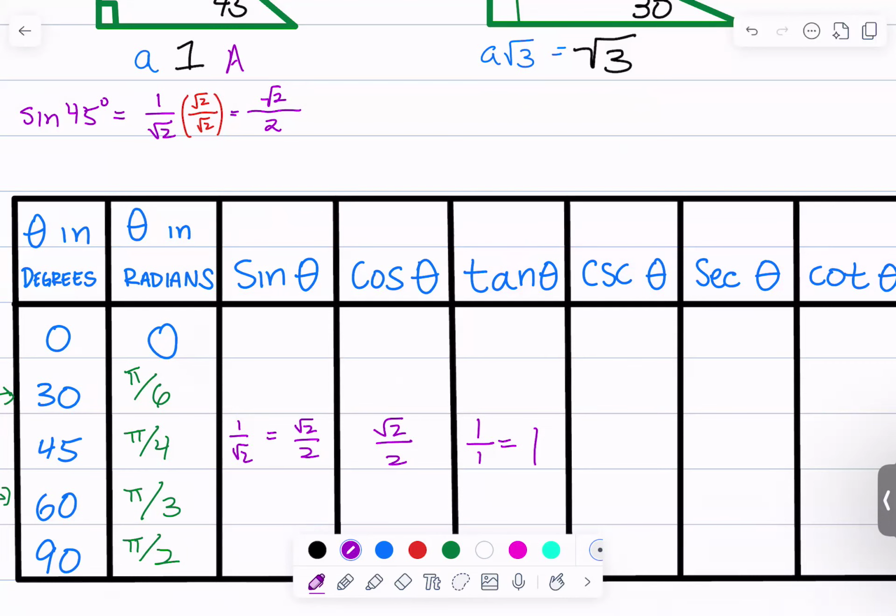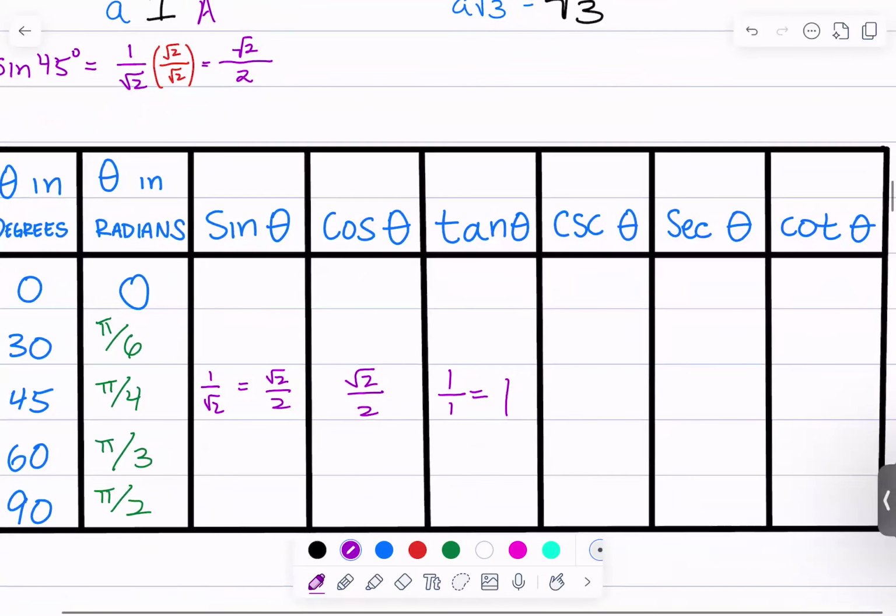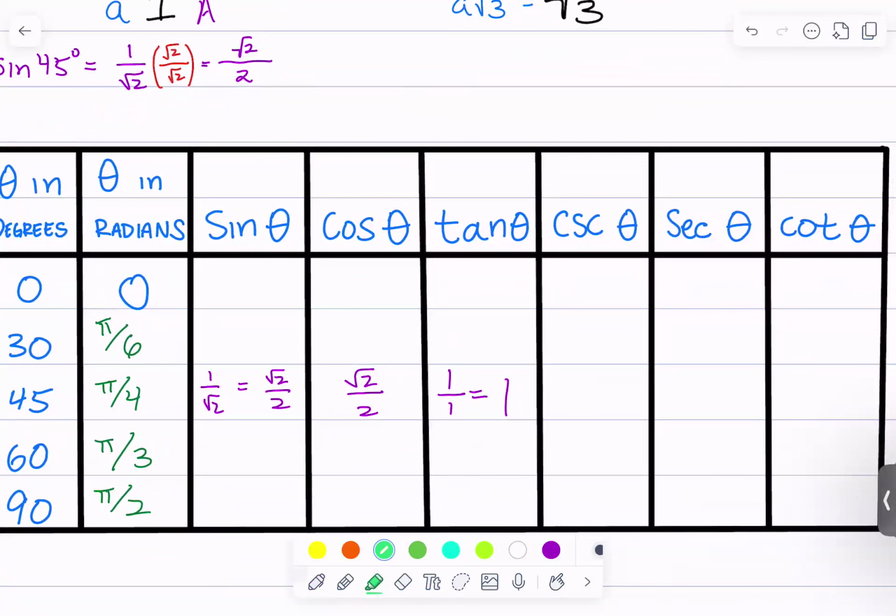Flipping sine to get cosecant. And the reason why I put this here is because it's easier for us to take the reciprocal of that than to take the reciprocal of the rationalized denominator one. That makes sense? Yeah, so if I just flip 1 over square root of 2, that's just square root of 2.